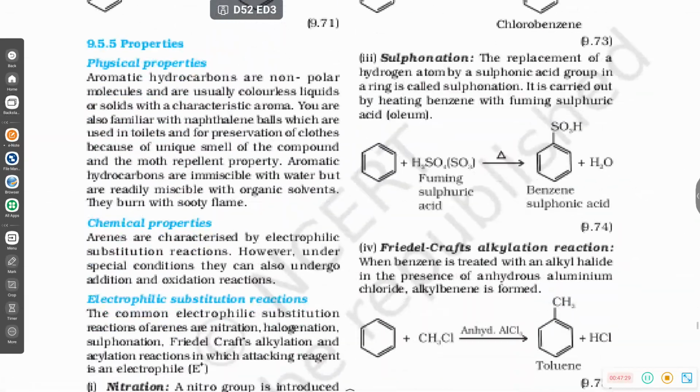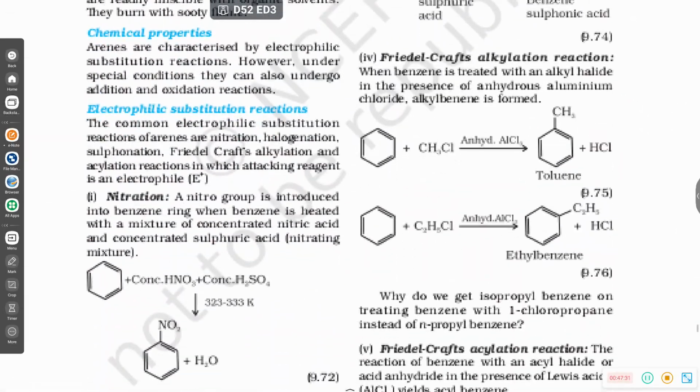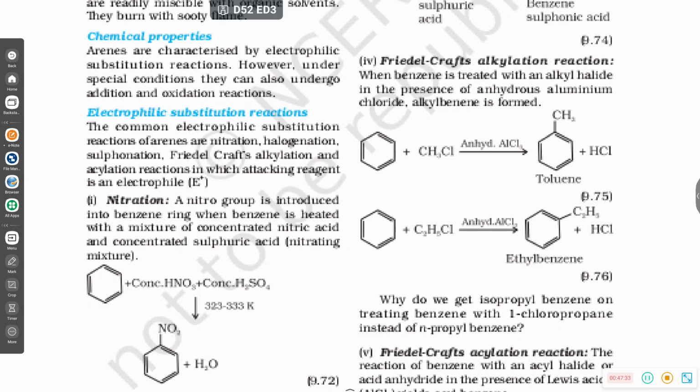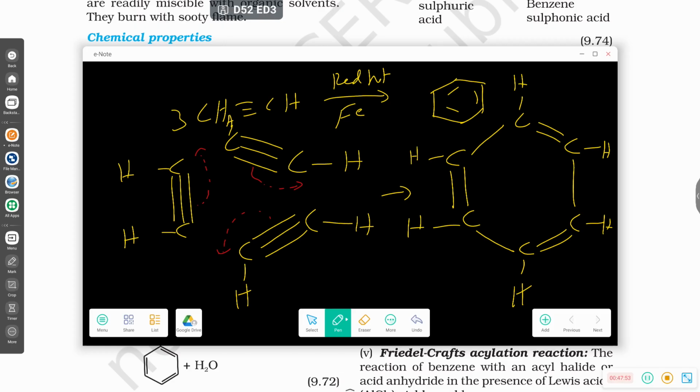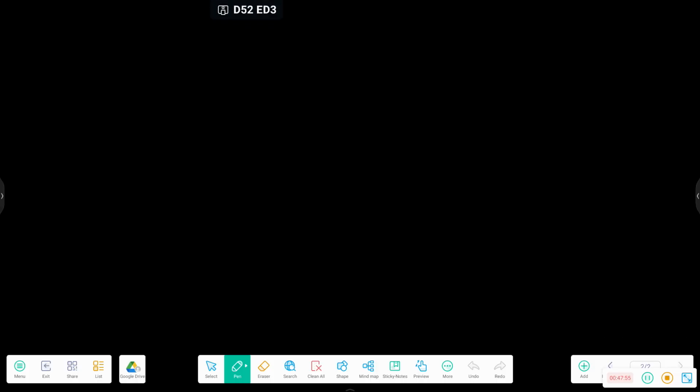Electrophilic substitution reactions. What is undergoing electrophilic substitution? Generally, benzene undergoes electrophilic substitution rather than addition reaction. The common electrophilic reactions are nitration, halogenation, sulfonation, Friedel-Crafts alkylation, Friedel-Crafts acylation. Then we can get the electrophile.